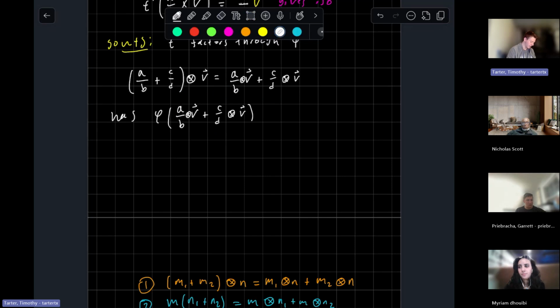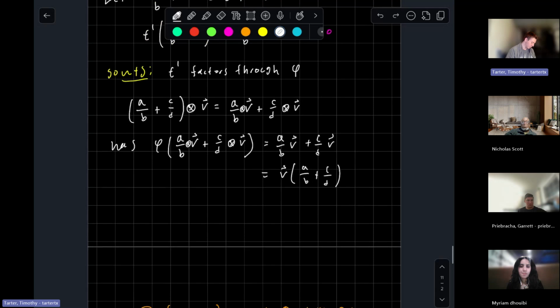And this is the key: the tensor product is bilinear. All we need to show is that phi factors linearly. So this factors straight to A over B vector V plus C over D vector V, which is equal to V over A over B plus C over D. And so step 1 is done.